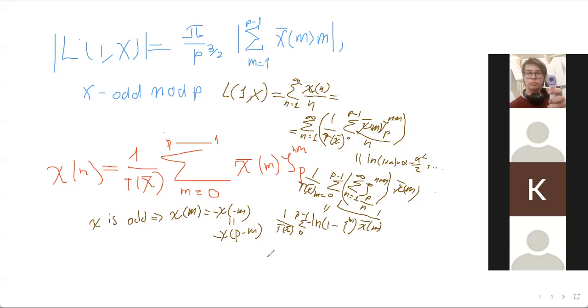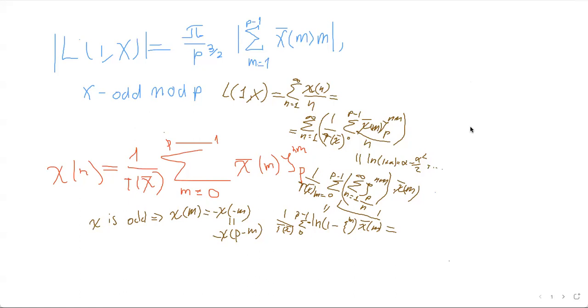But then I can rewrite this, like taking absolute values. We can say this is equal to 1 over this p.